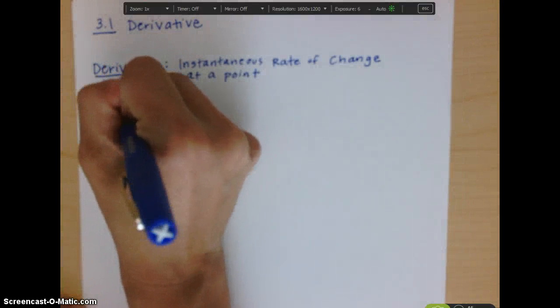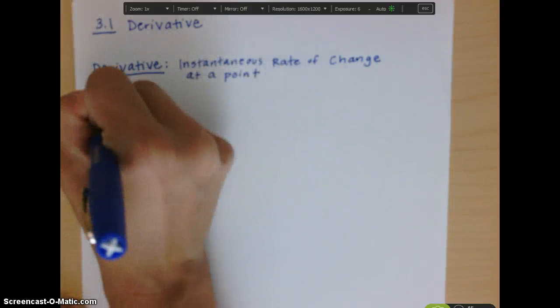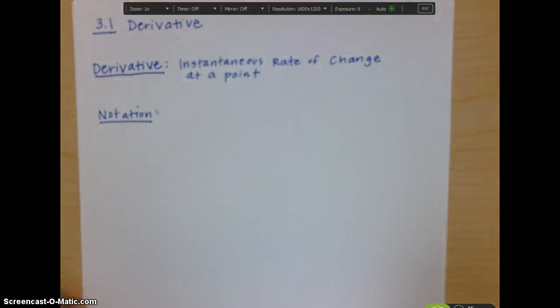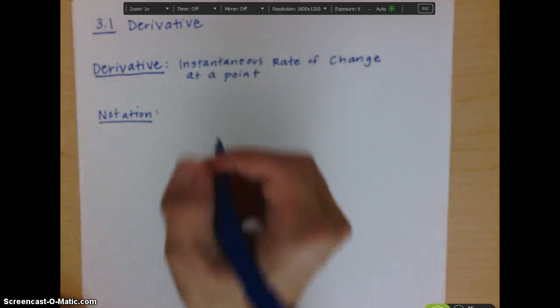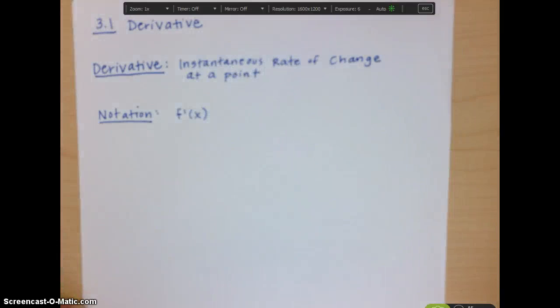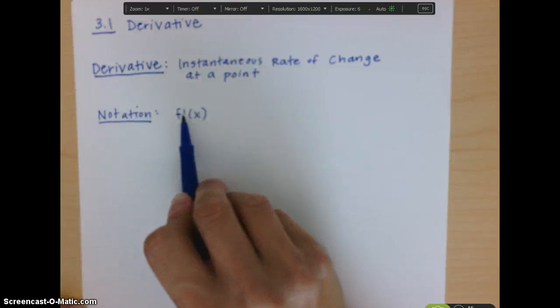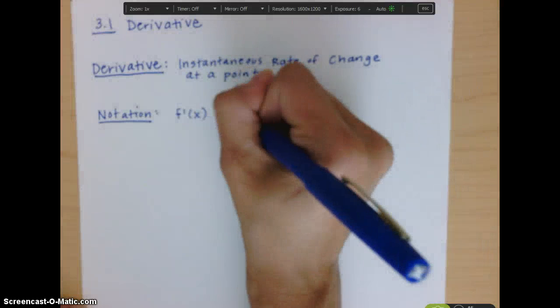Notation-wise, we have many notations for the derivative, but one of the most common ones is f prime of x. And so the prime symbol is that little, almost like an apostrophe, but straighter there, the f prime of x.